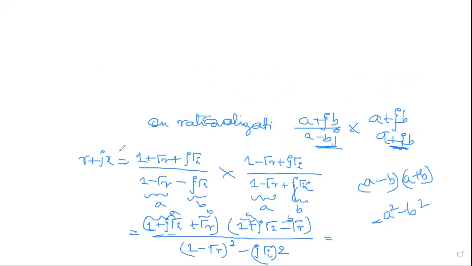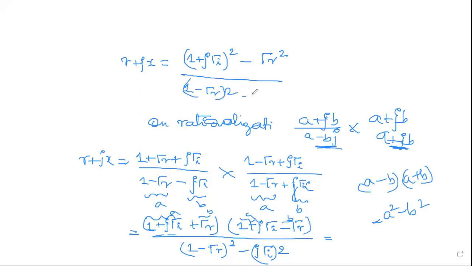So again, A plus B, A minus B. The equation will be R plus jX is equal to (1 plus j gamma I) whole square minus gamma R square, divided by the denominator, that is (1 minus gamma R) whole square minus j square gamma I square. Sorry, j square is minus 1, so this will be plus gamma I square. So this is the equation we get when we substitute in terms of A plus B and A minus B after doing the rationalization.